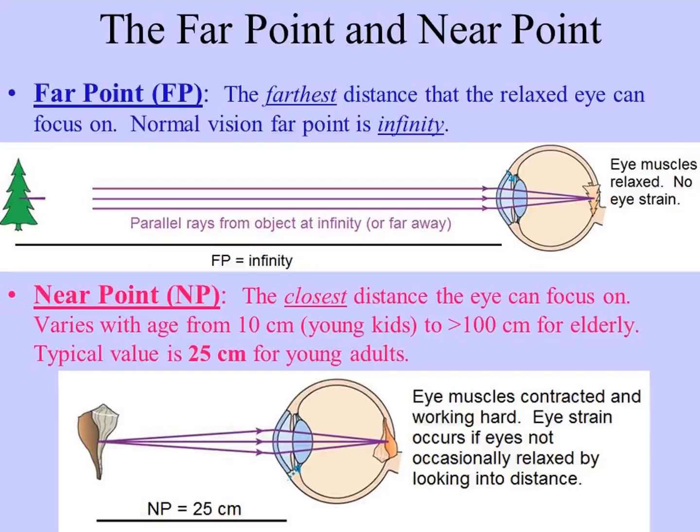During this near point, eye muscles are working hard. To see far objects, the eye is at rest, with no strain at the far point. But for seeing nearby objects, the eye has some strain. That's all.